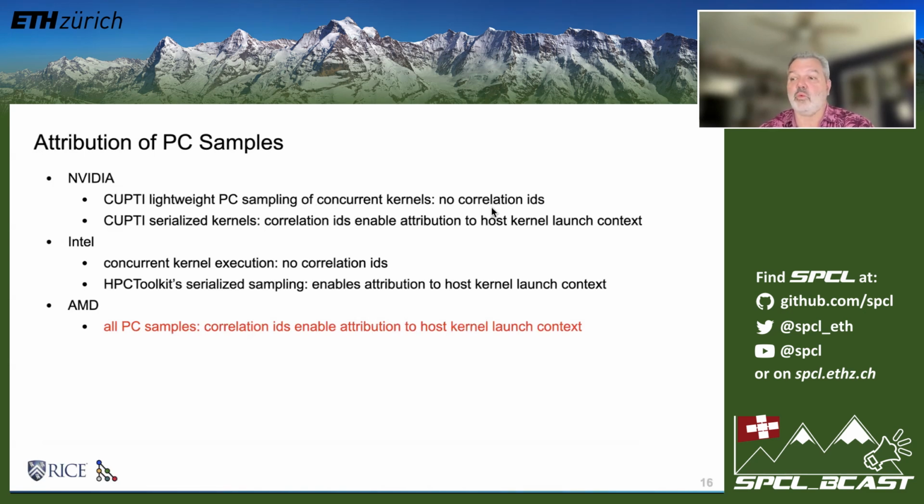What this means is we know that I was in some kernel F, but we have no idea which thread called F or where. On Intel GPUs with concurrent kernel execution, there are no correlation IDs. We built support for serialized sampling in HPCToolkit that enables us to attribute to a kernel launch context.